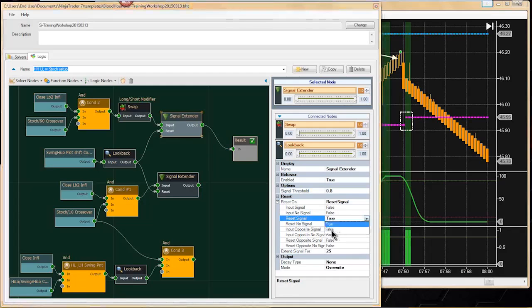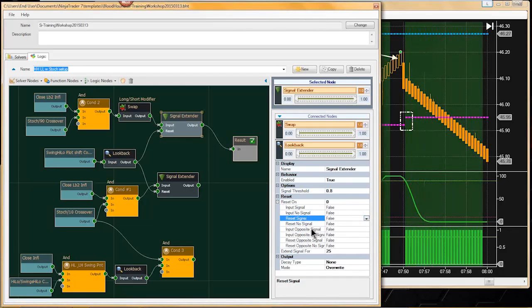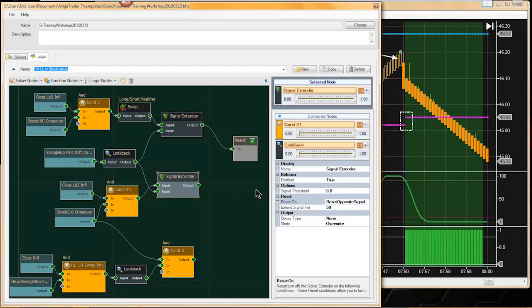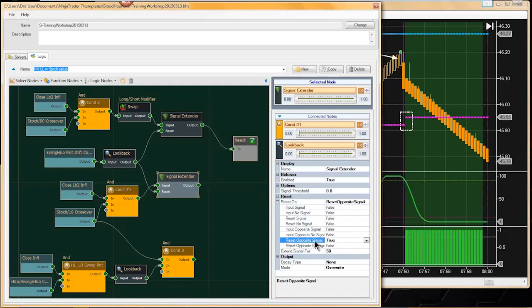Remember, we turned this one off, and the reset opposite signal is the one that we're using, so we wanted to turn that on. I set the resets right for this signal extender. They need to match this one here. This reset opposite signals is the only one set to true. So I just set this other signal extender to the same thing.